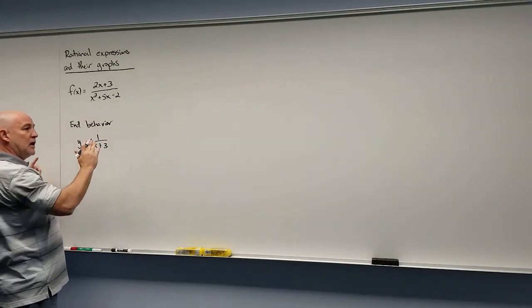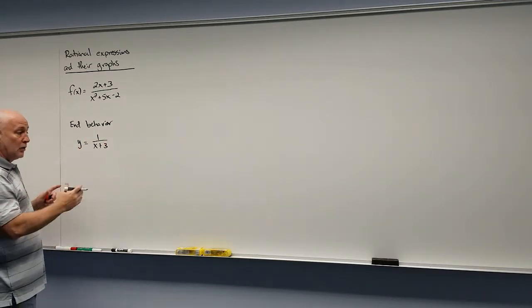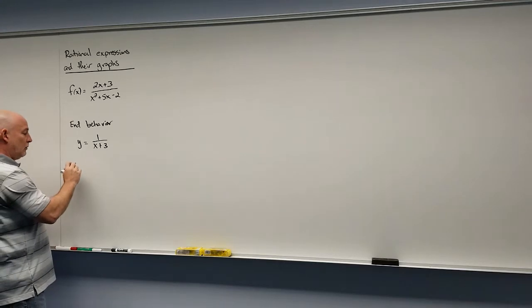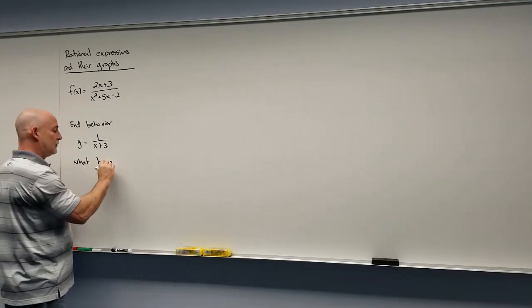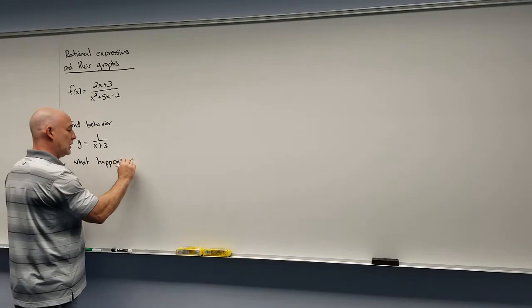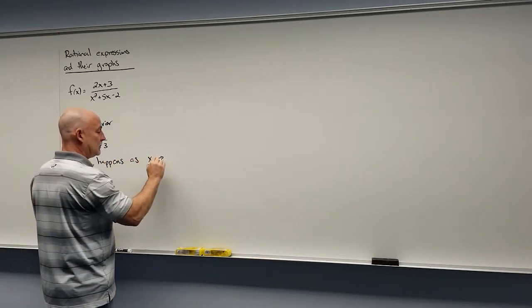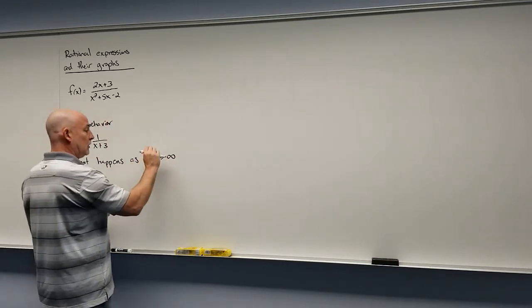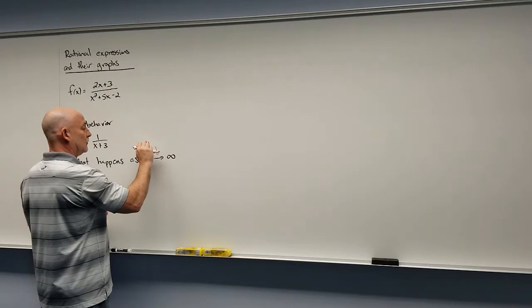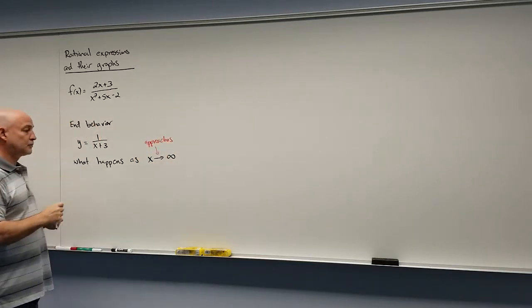So remember, the end behavior is what's happening as we get farther and farther away from the middle or from the origin. So what happens as, now here's our new notation, as x approaches, let's say, infinity. The way you read this little arrow is approaches.